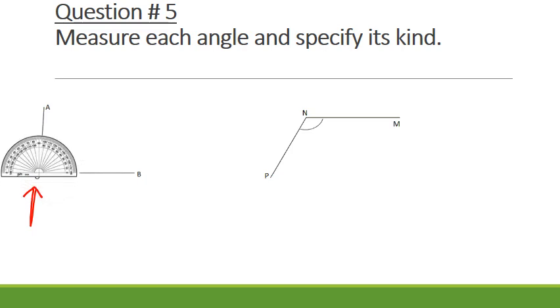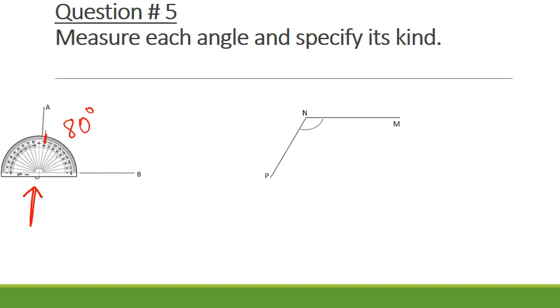This line OB should be on the 0 line of the protractor, and then I read the value above, so it's 80 degrees. Okay, so I read it here, it's 80. Because actually this line should be on the 0.